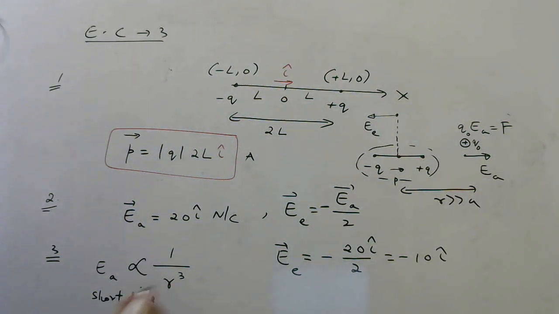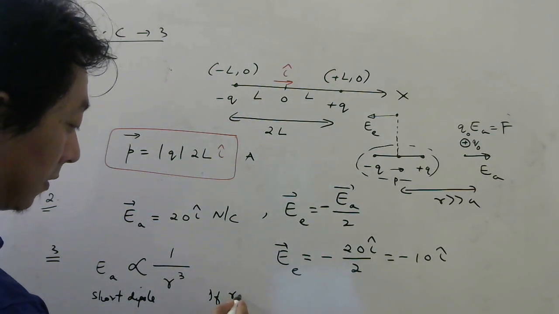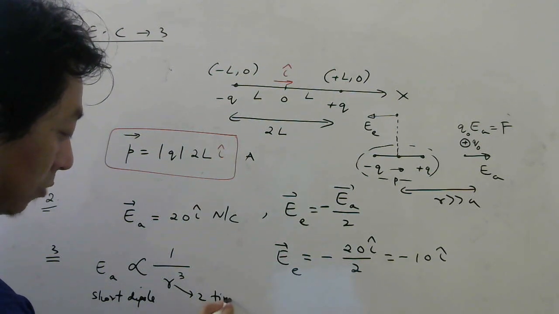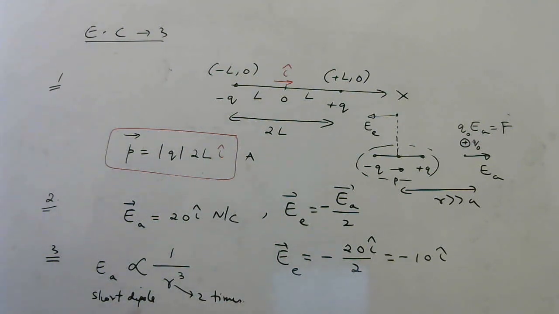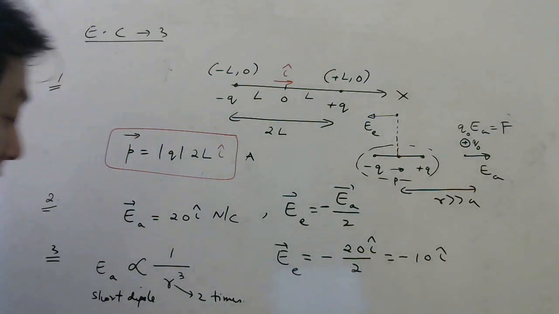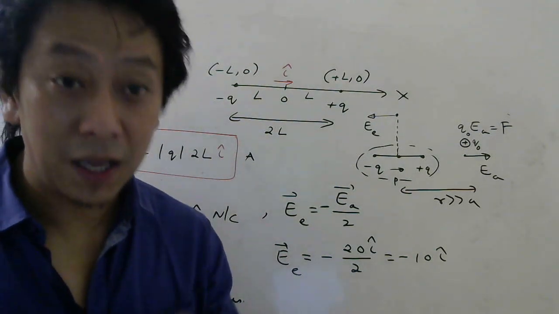Understood or not? So if r is doubled, if r increases 2 times, then E will decrease how much? 1 by 2 cube. 1 by 2 cube means 1 by 8 times.